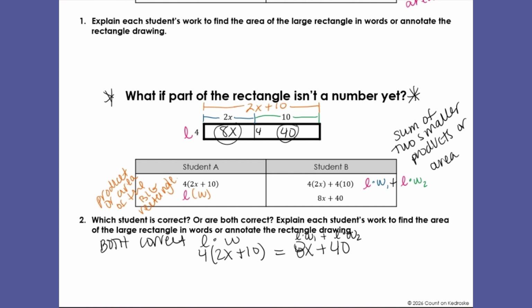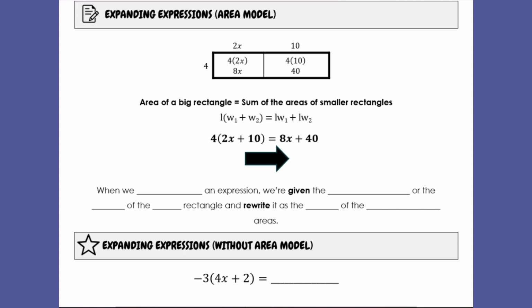And this is kind of setting us up for jumping into how do we do this skill-based expanding expressions. What is all this going to mean on the next page here? So on the next page, it just kind of has a cleaner version of what we discussed on the first page, which is this idea of the area of the big rectangle can also be thought of as the sum of the areas of the small rectangles.